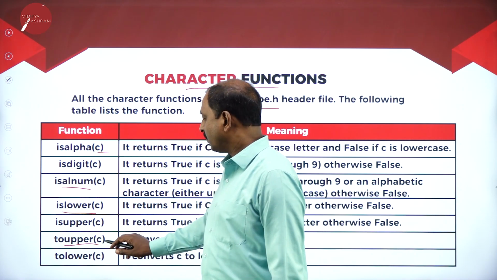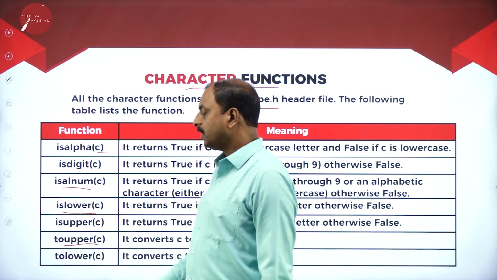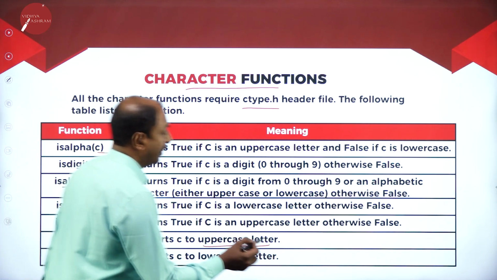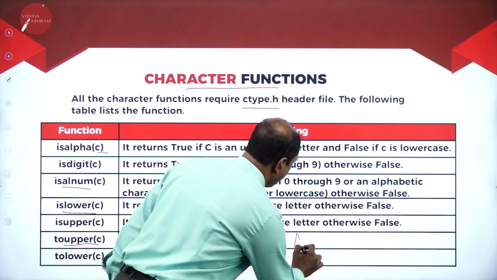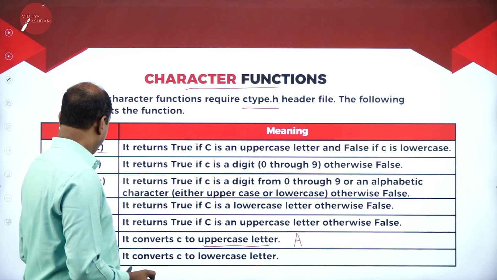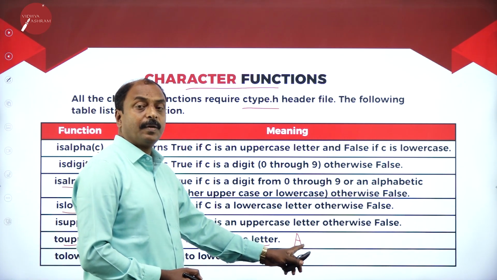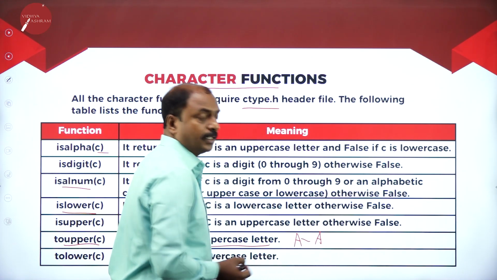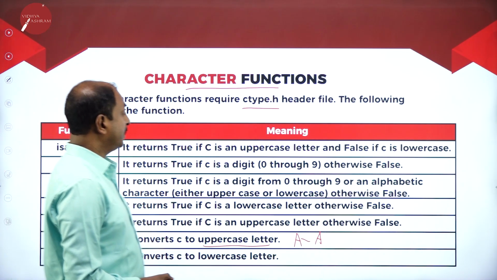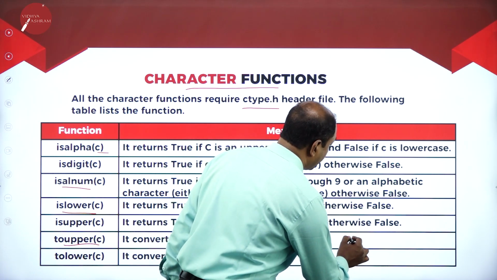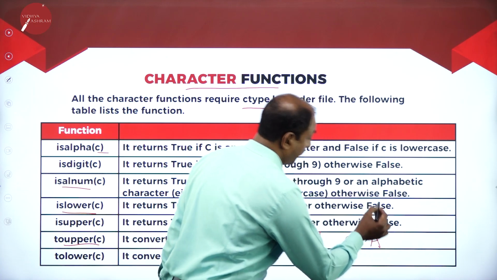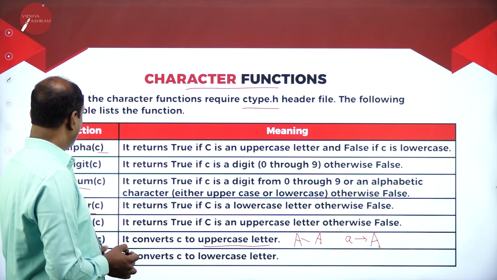Suppose you enter the value of c as the letter A. It is already in uppercase, so it returns A. Suppose you enter the input value of c as a small letter a, it converts it into uppercase A. So this is toupper.